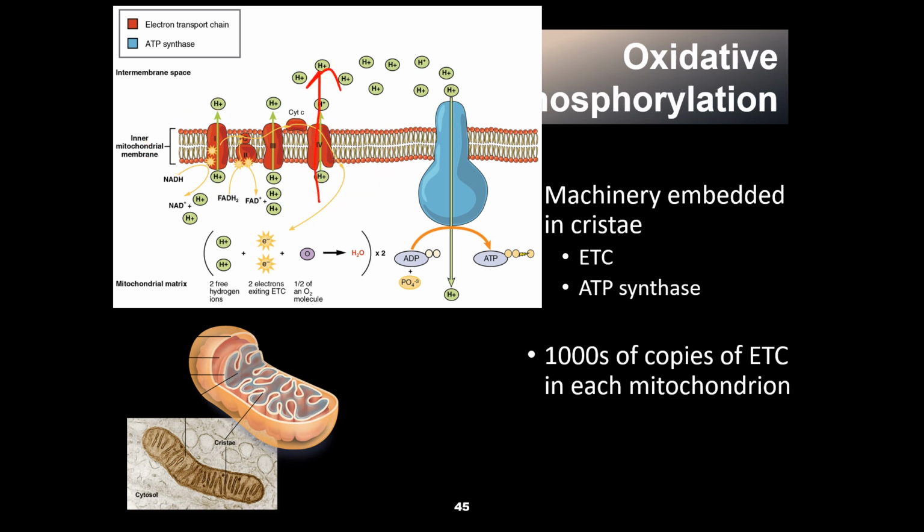Protons pumping, going from the matrix into the lumen of the mitochondria. And so you can see there's more protons here than here. That's the idea. We're building up a proton gradient here. And then we're going to allow those protons to flow out down this machine. This blue thing here, this is ATP synthase.